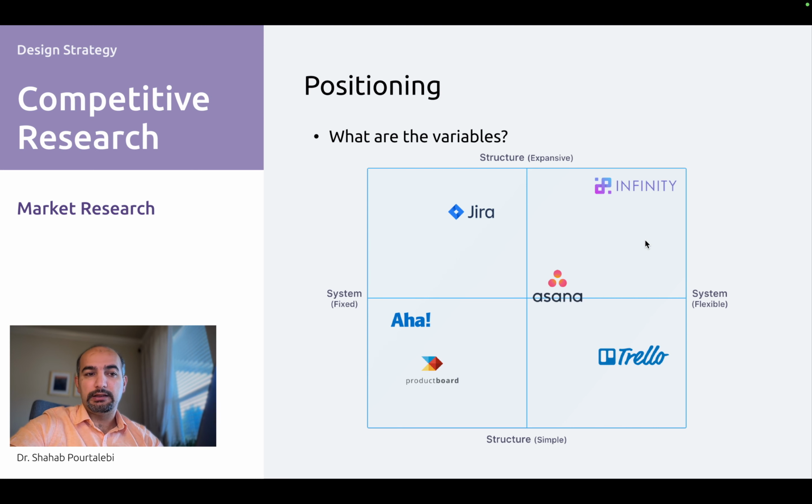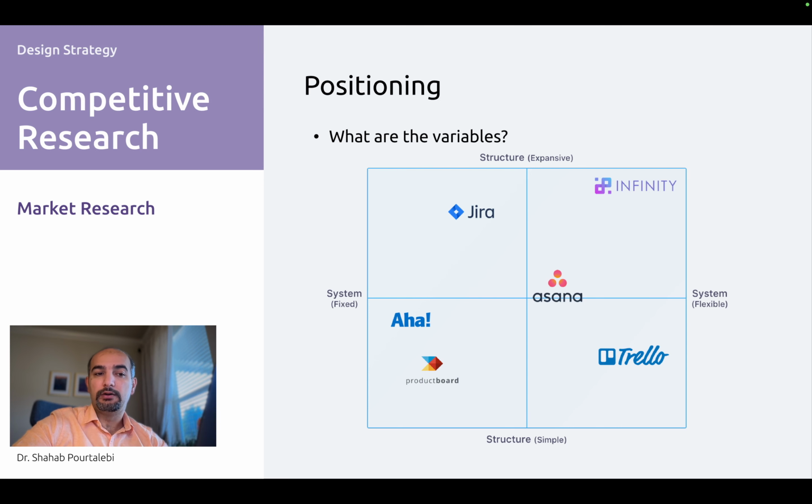But on the other hand, for example, Infinity is a flexible system. So its structure is expansive and it's flexible as well. So you can see how sophisticated and complex it might be. So these are all different things that target different types of user requirements, related to the same functionality.